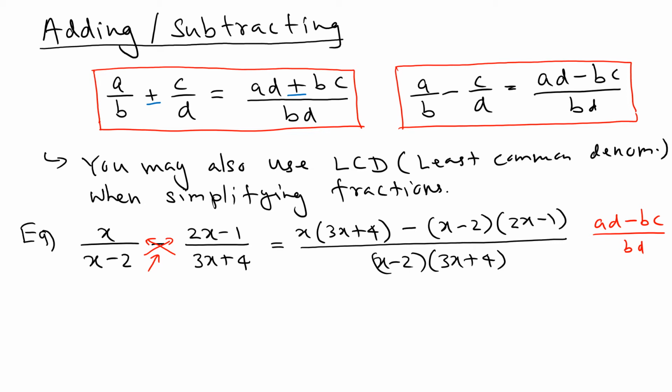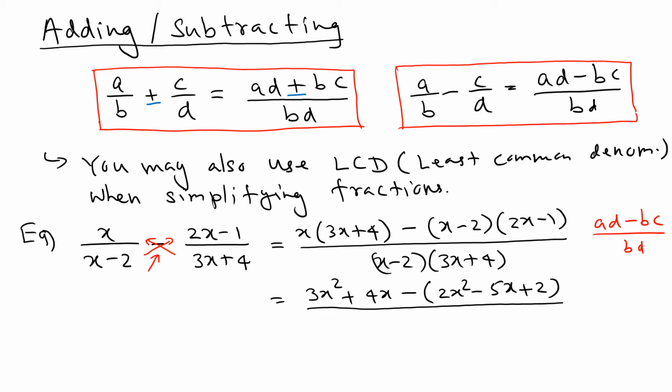Good. Now what we can do is distribute the top. So if you distribute the top, you're going to get 3x squared plus 4x minus, and then you have here 2x squared minus 5x plus 2. So you can just FOIL to get this answer, and then divided by x minus 2 times 3x plus 4, we can leave it like that.